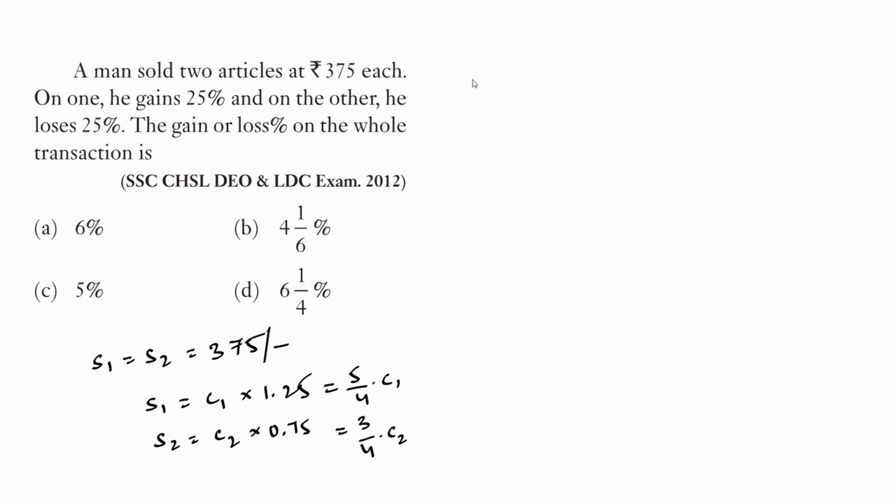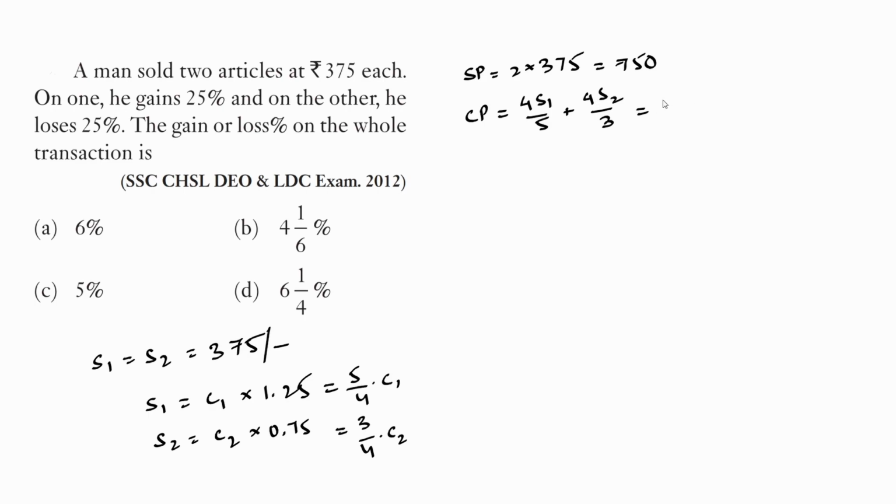So let's calculate the profit or loss percent. The total selling price is 2 times 375, that amounts to 750. The total cost price would be 4S1 by 5 plus 4S2 by 3.